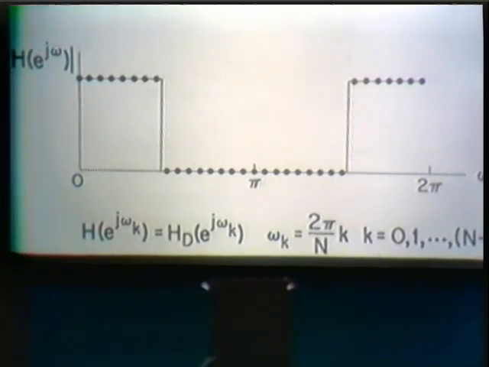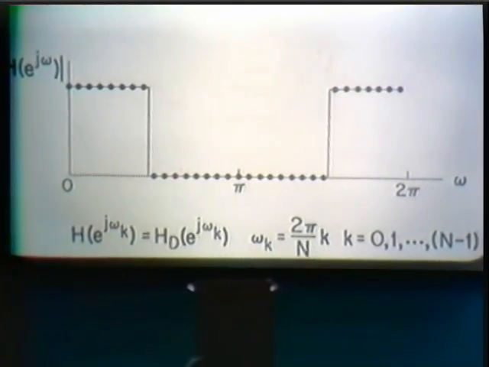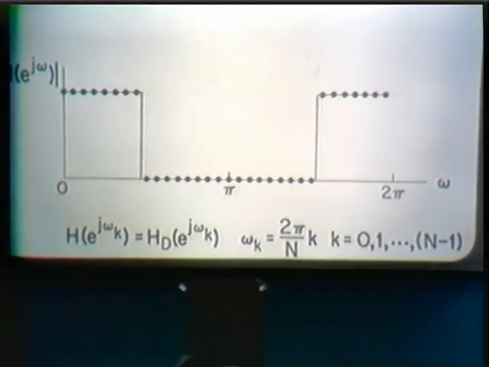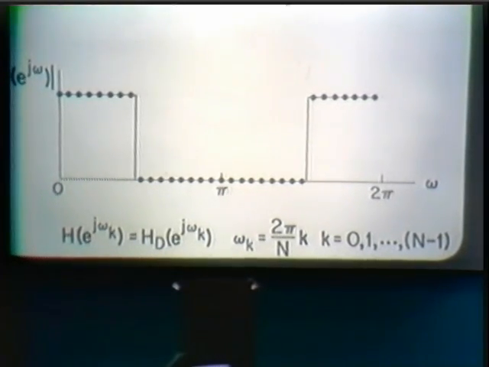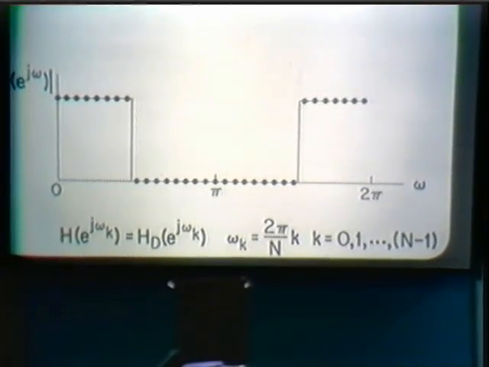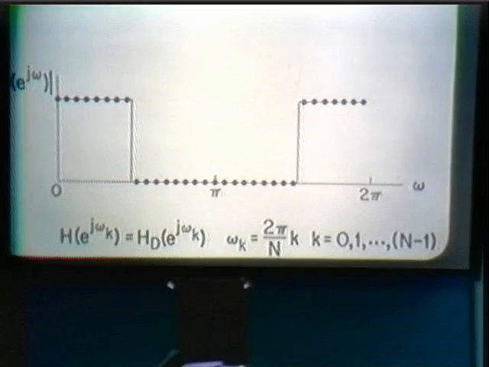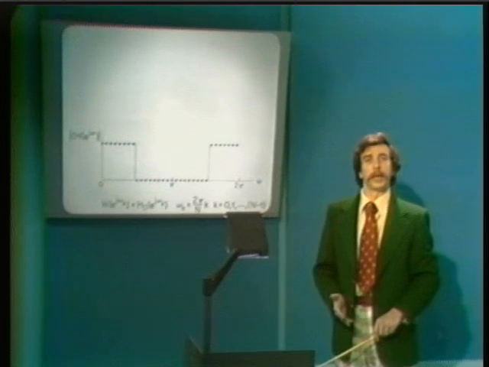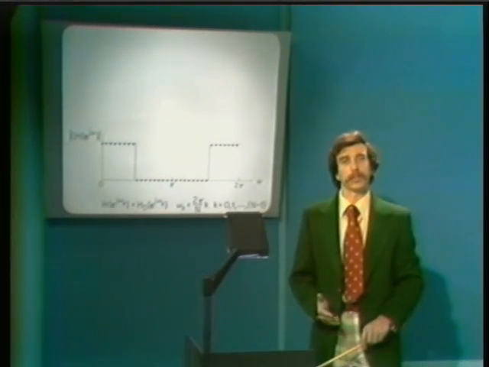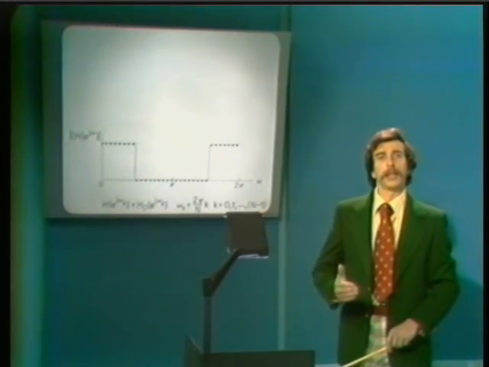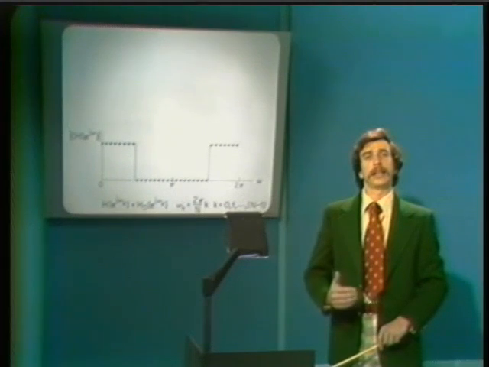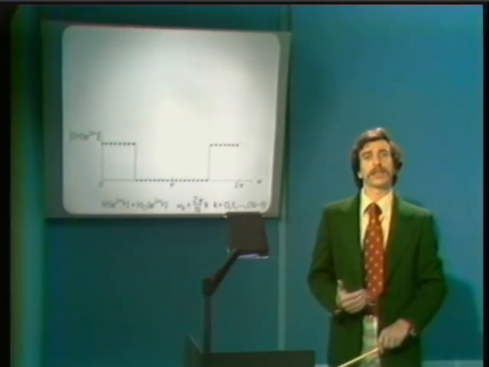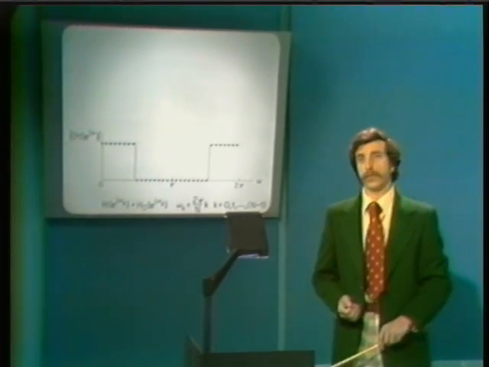Now, one could inquire as to whether, if we do that, what we're able to implement is the desired digital filter frequency response. In other words, we know that we can implement a finite impulse response filter by using only the values specified in the discrete Fourier transform.